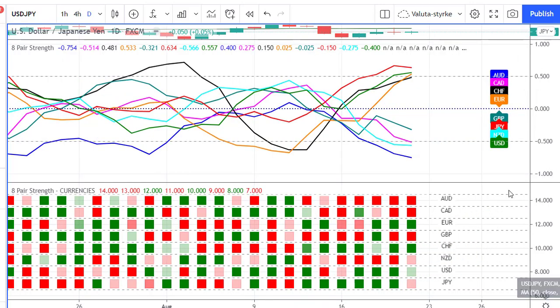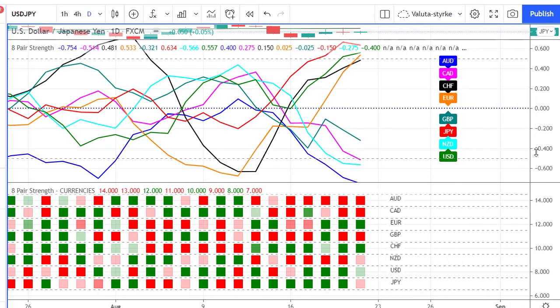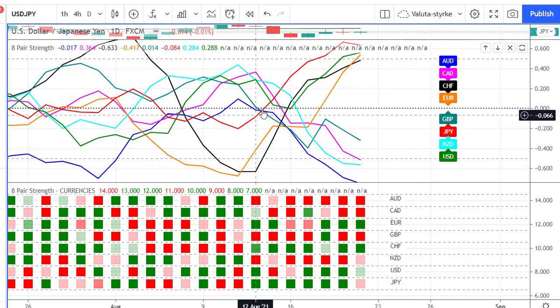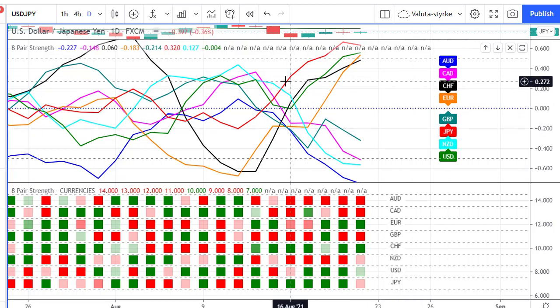So for instance, when we're looking at this on a daily chart, you can see that the red line here is the Japanese yen. When that is going up, it means that the Japanese yen is going up towards most of the other currencies. So for instance, the Japanese yen towards the Australian dollar, then the yen is strong here.